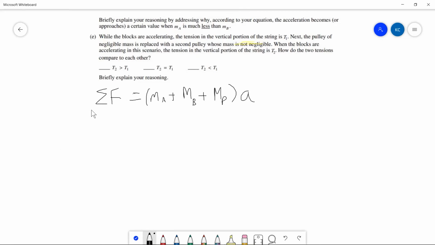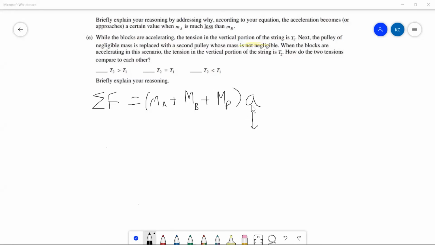Net force doesn't change since there are no new forces acting on the system. So with the greater mass, acceleration would have to decrease. With the smaller acceleration in mind, let's look back at the forces from earlier. We know that block B has a force of gravity downwards and a tension force up. This is the tension force we're looking at in this scenario, T1 or T2.